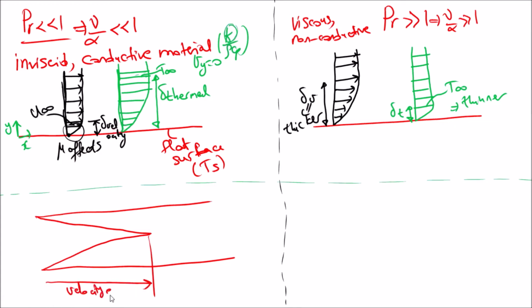Since the mu is very small, then you have the entry length which is very long. Okay, this one is long. But the K value is very high. If the K value is very high, then you will have the thermal entry length which is short.